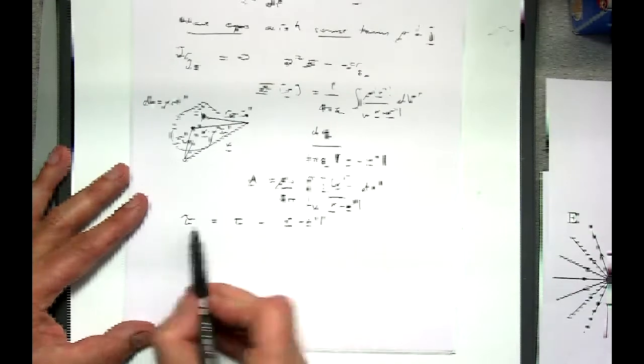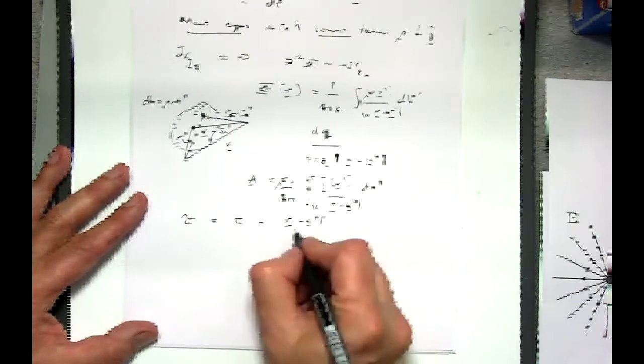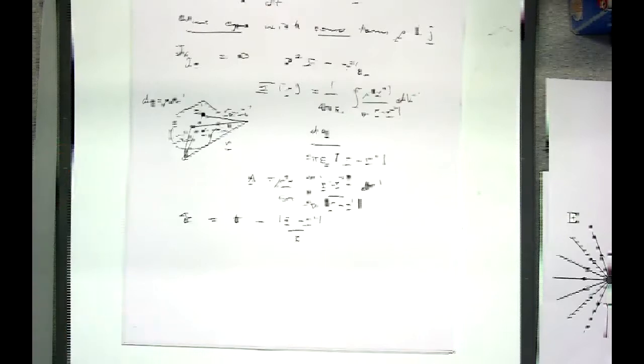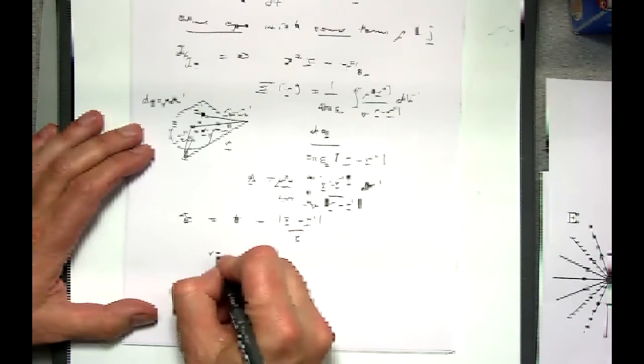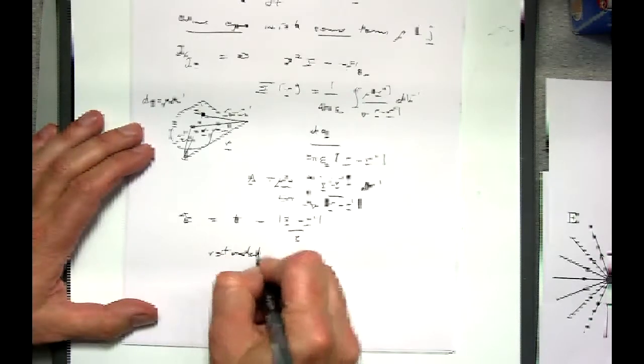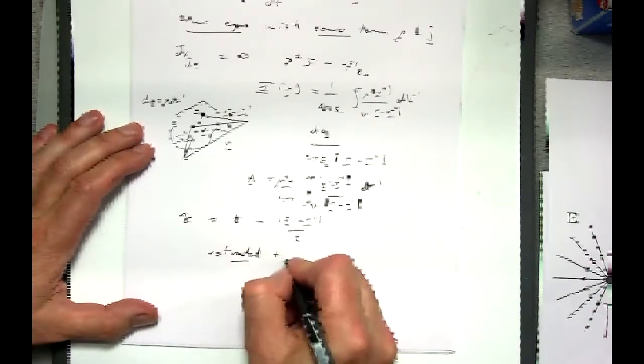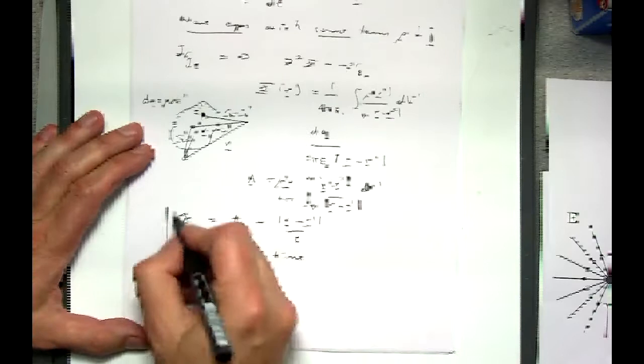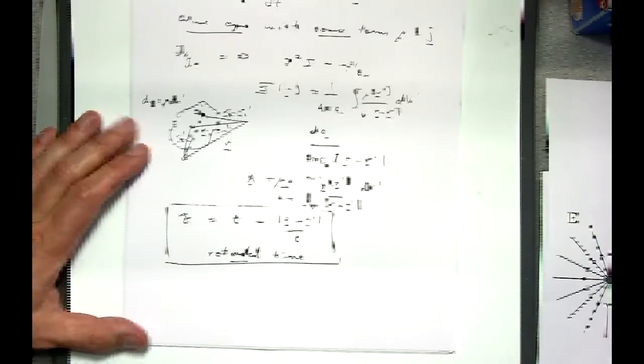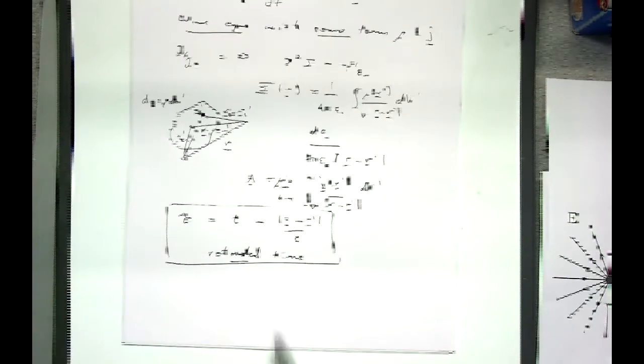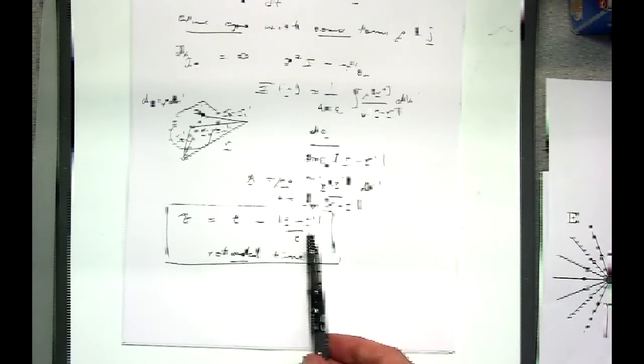The retarded time that goes with that little piece of charge must be defined as like so. Okay, it's t minus r hat over c. So this is the retarded time for that little piece of charge, and that's simply expressing the idea that it takes a certain amount of time for information to get from r prime to r.